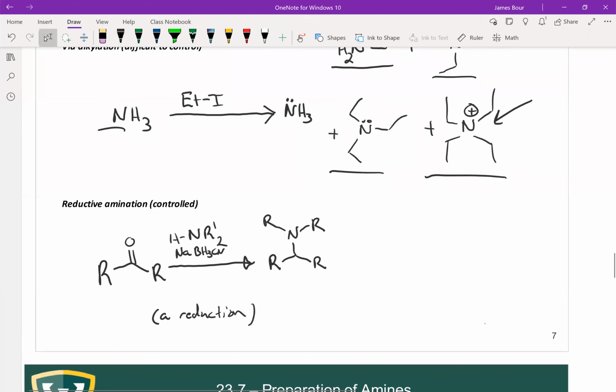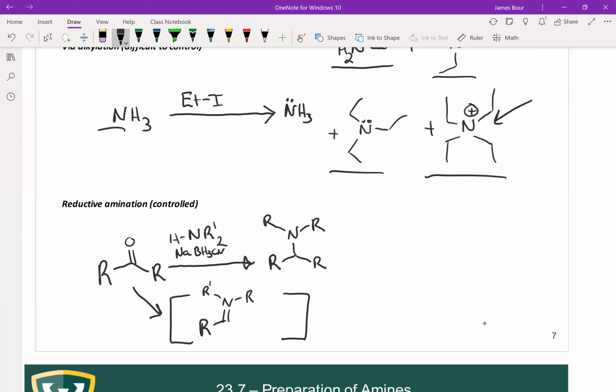Another strategy that we've actually already learned is what's called reductive amination. In this reaction, as its name would imply, it's a reduction and it proceeds through a key iminium intermediate. Iminium looks something like this. And again, our R groups could be anything.